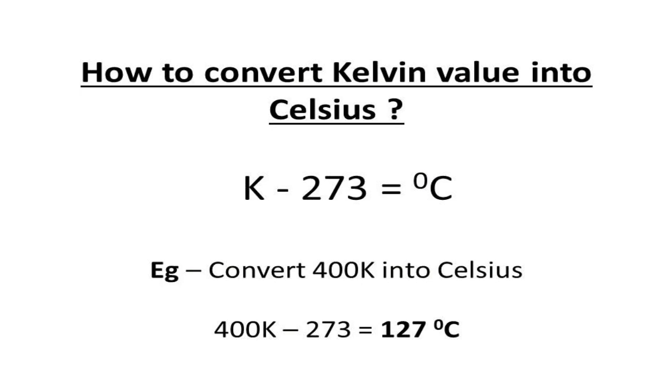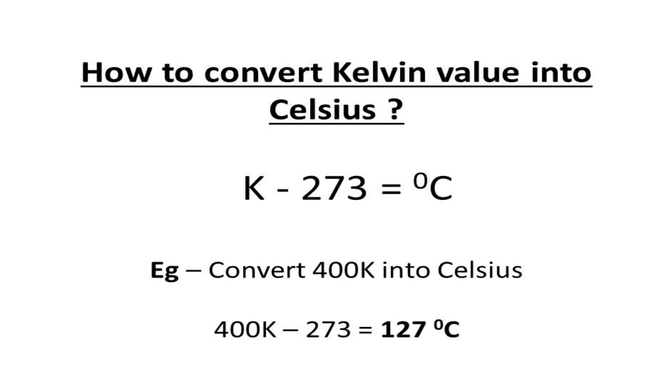Now we are going to convert a Kelvin value into Celsius. So, how to convert a Kelvin value into Celsius? This is the formula that we can use: Kelvin minus 273 equals the Celsius value.